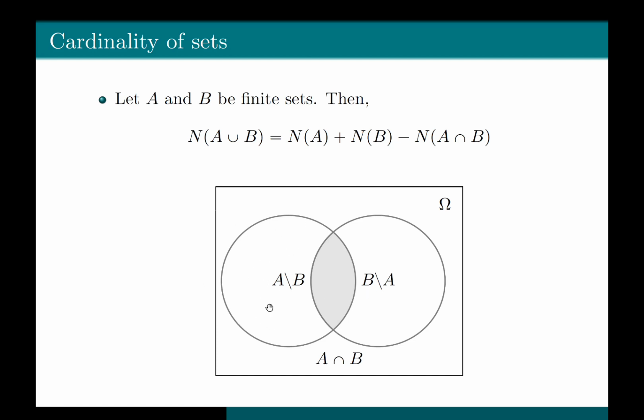It consists of this white region inside set A, this shaded region which consists of elements in both A as well as B, and this white region which is the part of the set B. Therefore, A union B can actually be written as A minus B union A intersection B union B minus A.